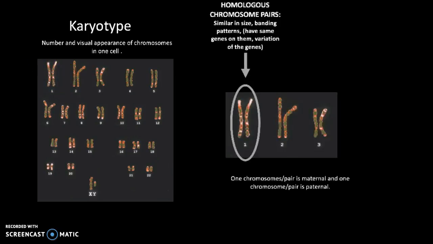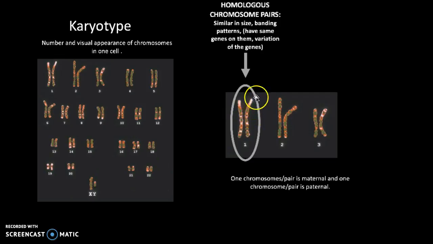So what does a homologous chromosome pair mean? Each of these pairs are similar in size and banding pattern. In chromosome 1, they look pretty similar in length, right? These are a lot longer than, say, chromosome set number 3. But even within these, there's a little bit of difference in their size.